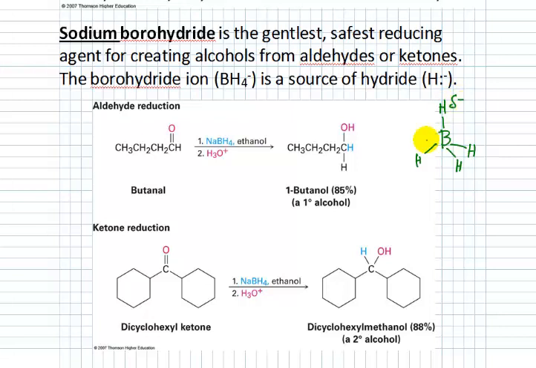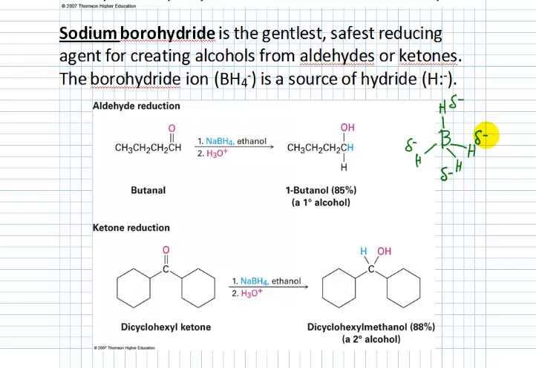So the hydrogen is what actually has the bulk of the negative charge in BH4 minus. Okay? So that's really the best way to draw it, with 4 partial minus charges on those H's that add up to the 1 minus charge. But borohydride is essentially just a source of H minus, the hydride ion. Hydride is a hydrogen with 2 electrons and a minus charge.